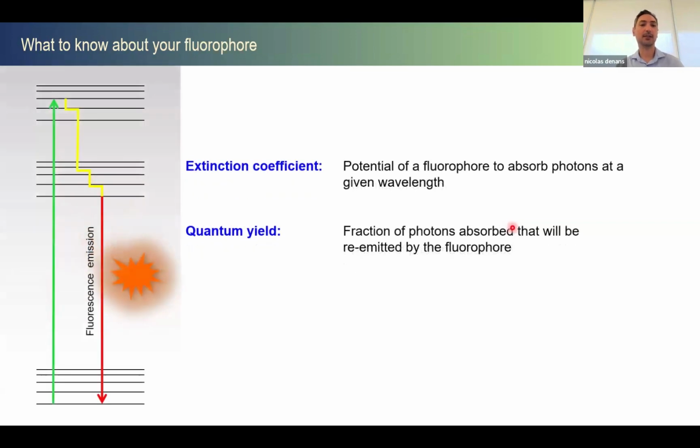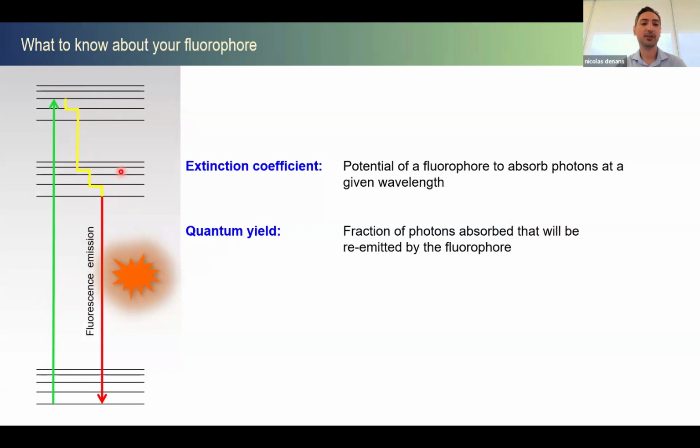So let's put it back in the Jablonski diagram. One thing that I didn't talk to you about is that during this transition from this very excited state, which is here, to this state, you have a relaxation phase. During this relaxation phase, the electrons are going to dissipate energy.